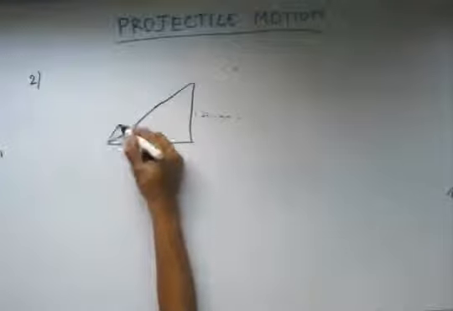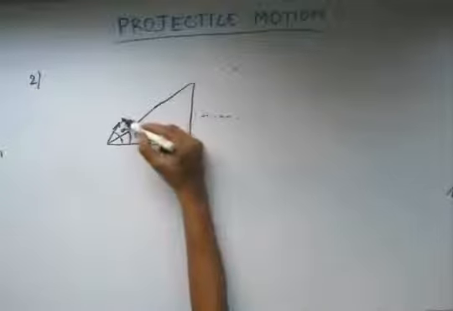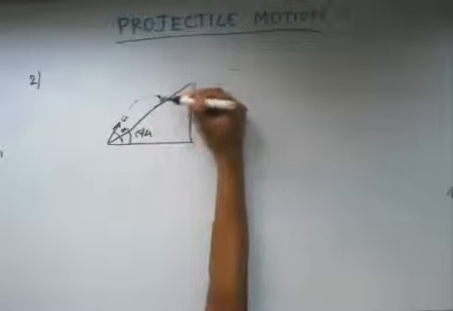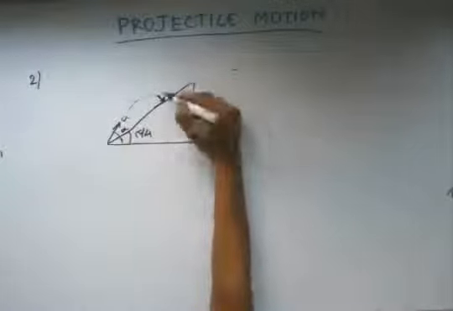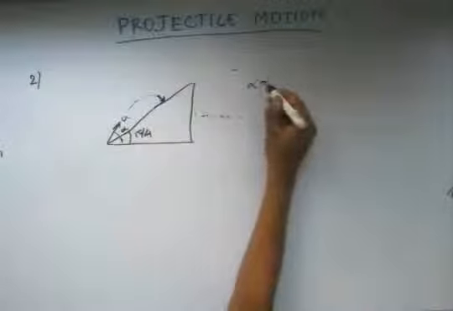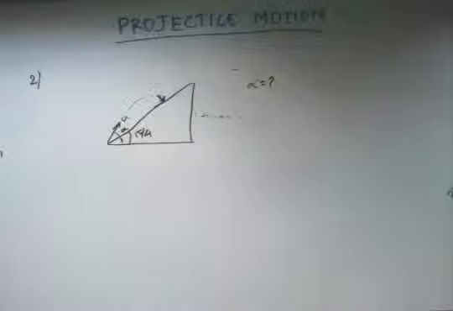A particle is projected with velocity u and an angle alpha with respect to horizontal such that it lands on the inclined plane vertically. So we are asked to find the angle at which the particle is projected. We have to find alpha.